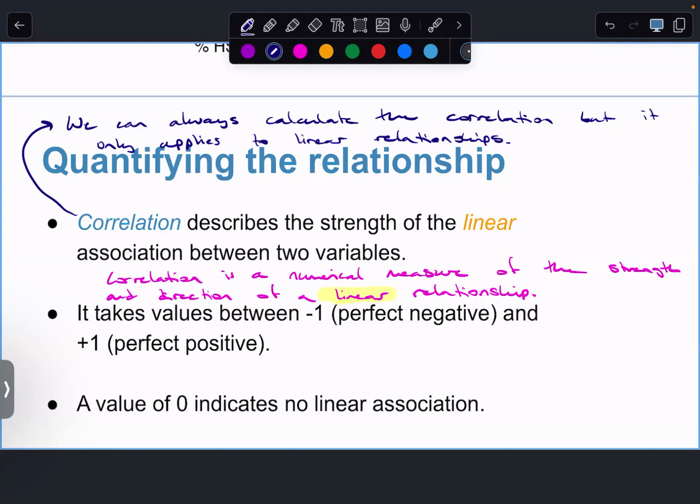Very similar to the mean and the standard deviation. We can always calculate those things, but they only really apply if you have a normal distribution.